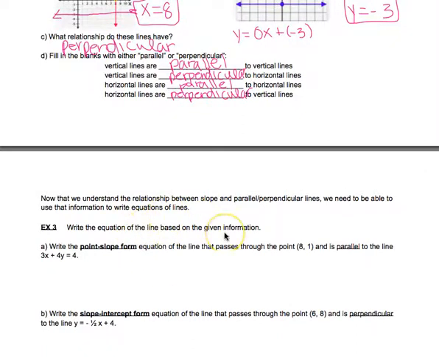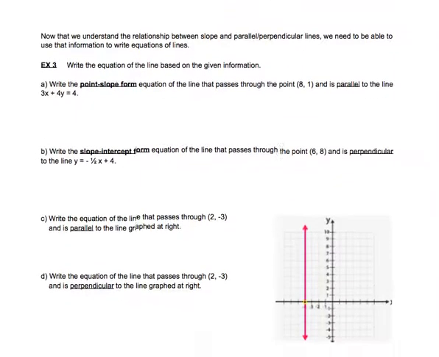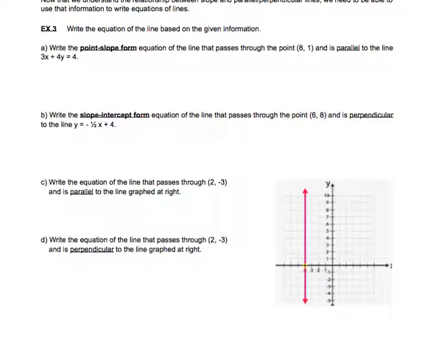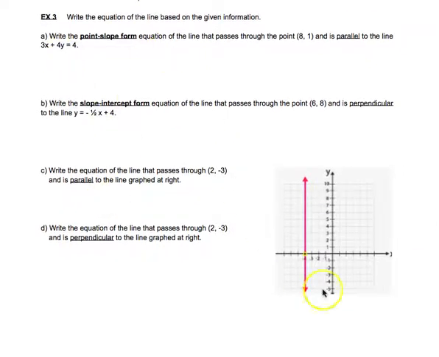So now that we understand the relationship, we need to be able to use that information to actually write equations of lines. So when we look at example 3, we're going to have a couple different ideas here in A through D. In A, it says write the point slope form equation of the line that passes through the point 8, 1 and is parallel to the line 3x plus 4y equals 4.